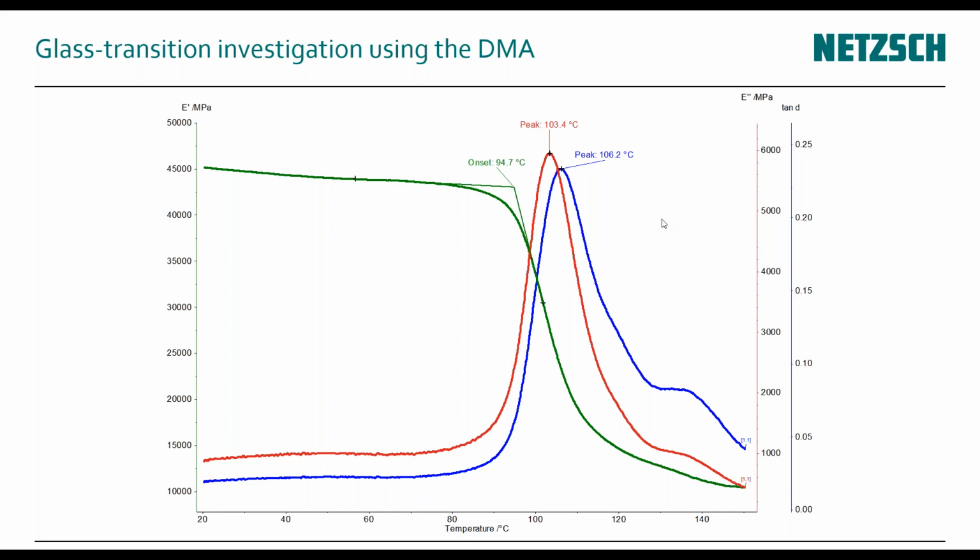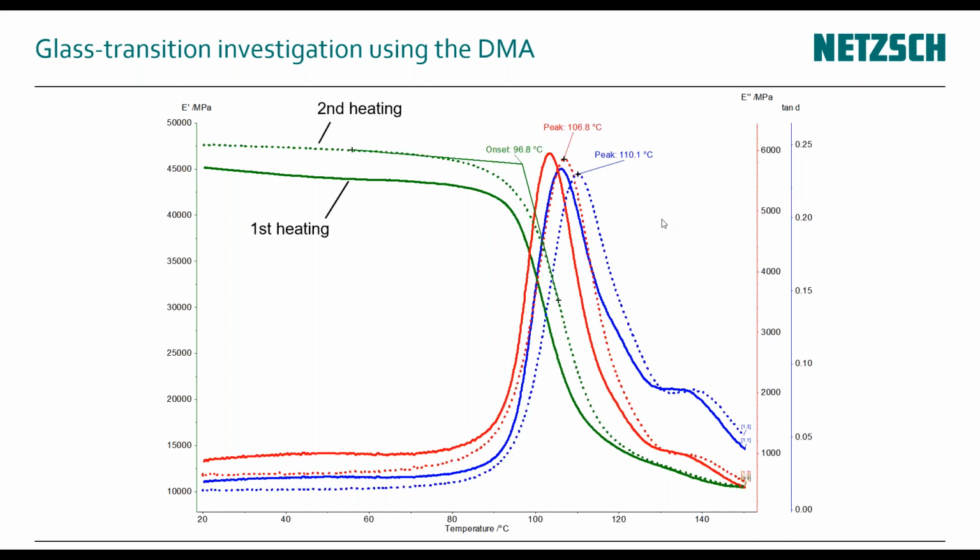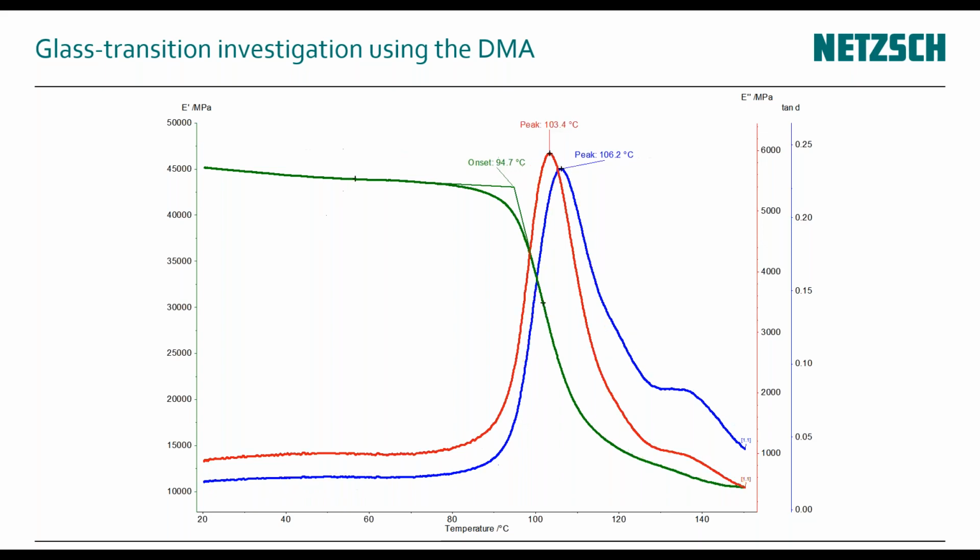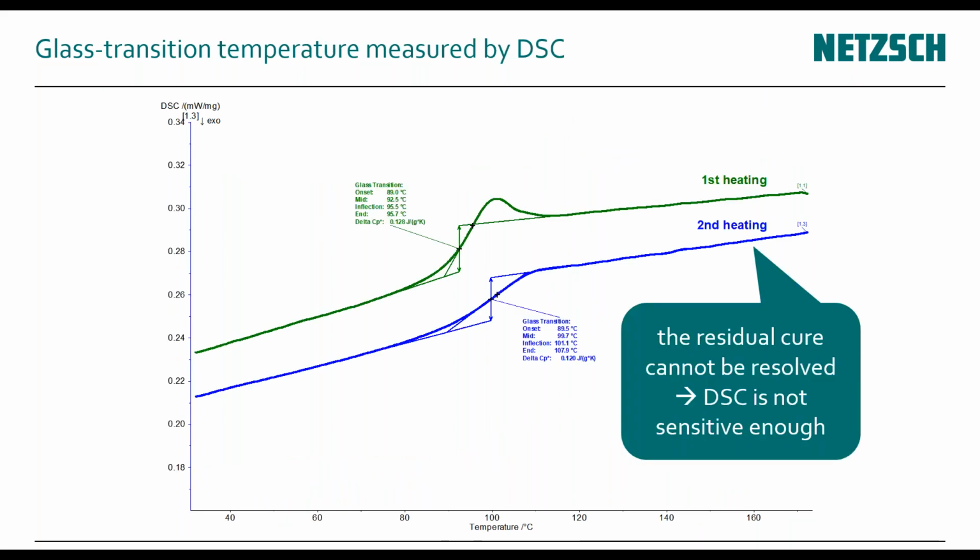This is a very, very large drop, and this refers to the sensitivity of this kind of measurement. This is inherent to the technique. If we go back to DSC here, you see the step height is clearly displayed. But I can tell you that this is a demonstration example. This can get worse. We only have a delta CP, the value is given here, of about 0.1 joule per gram per Kelvin.